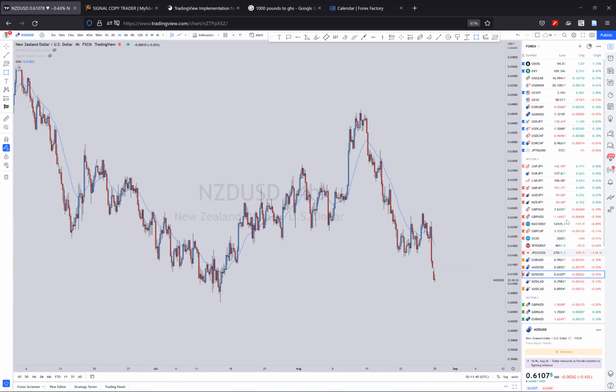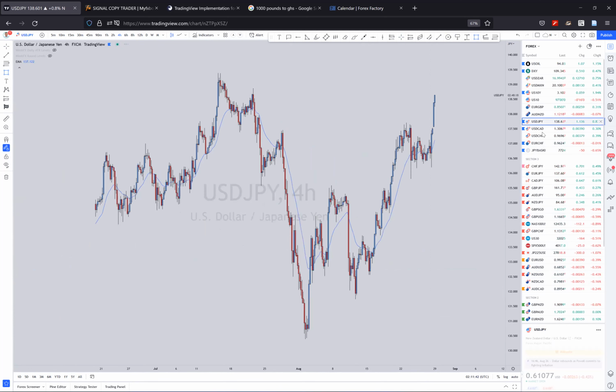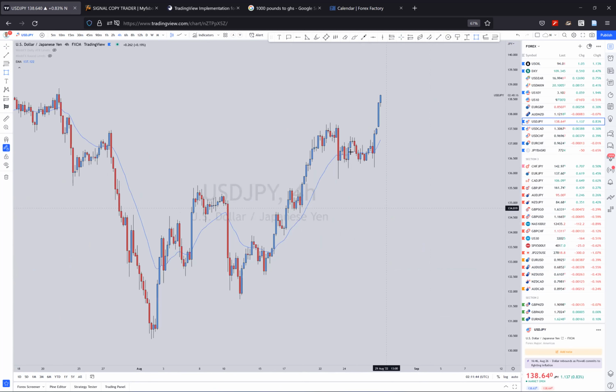So we see we already have very significant pushes on the dollar. On market open, this has moved a lot. USD JPY: over 100 pip push on the market open.